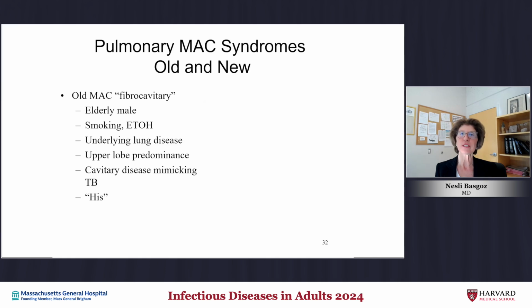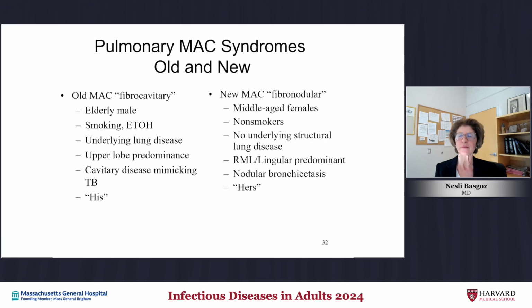First descriptions of pulmonary MAC were so-called fibrocavitary disease. This was often elderly men who had tobacco use or alcohol use, underlying chronic lung disease. It was upper lobe predominant, and it could be cavitary disease mimicking TB or exist in a pre-existing TB cavity. And we're calling this his because there was a male predominance.